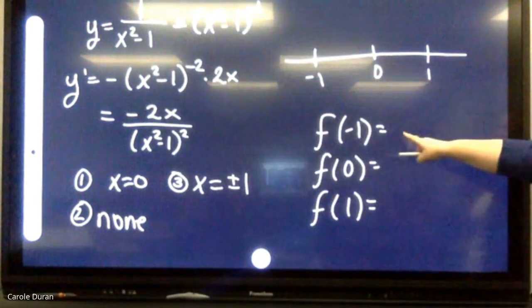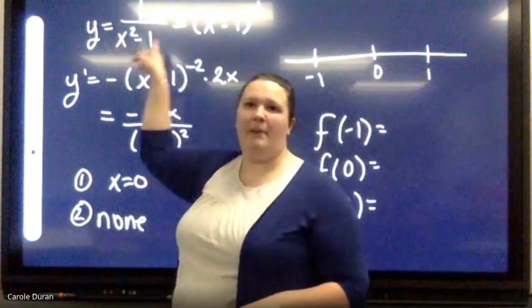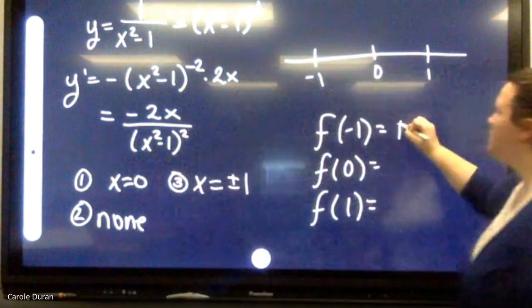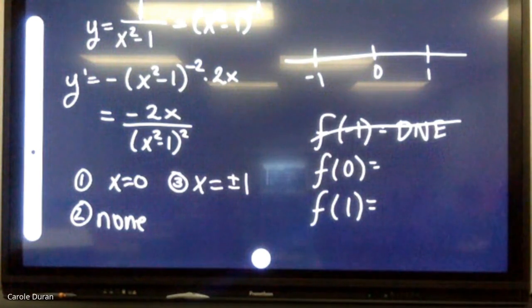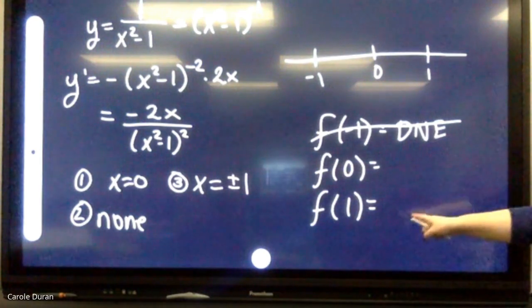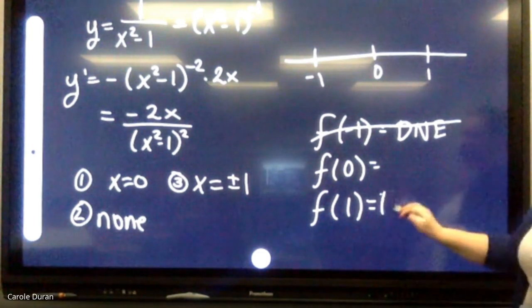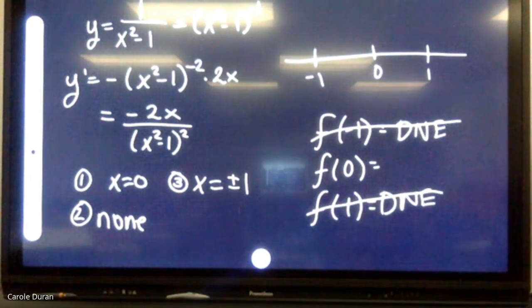So when I plug negative 1 back into that original function, what's going to happen? It doesn't exist, which means it cannot be one of my extrema. What happens when I plug positive 1 back into that original function? Same thing, I'm going to get a 0 in the denominator, which means it doesn't exist, which means it cannot potentially be one of my extrema.